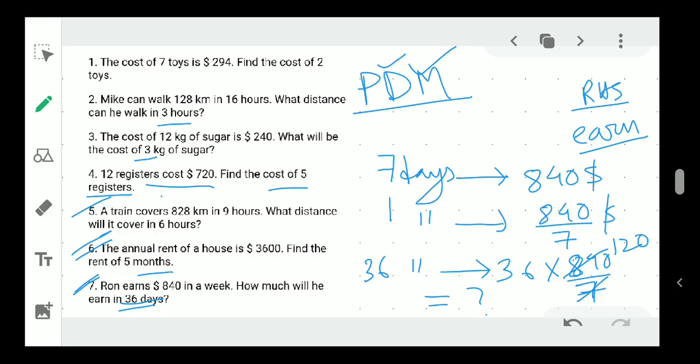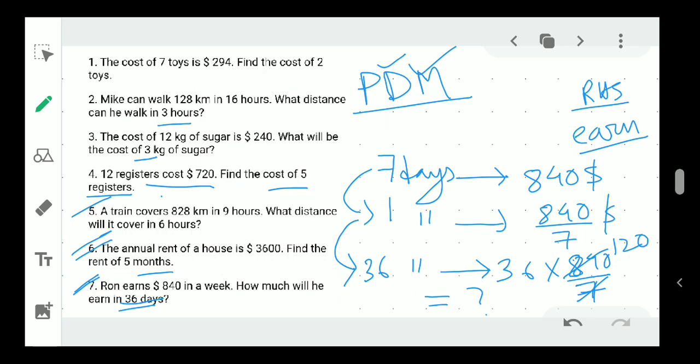This you think with your common sense, that if I work more days, I will get more money. So that means proportionality is working here. So PDM will follow, that means proportionality division multiplication, and what you have to find, that will be in the right hand side. So unitary method means first you have to find out for one quantity, then you have to find out for more quantity.